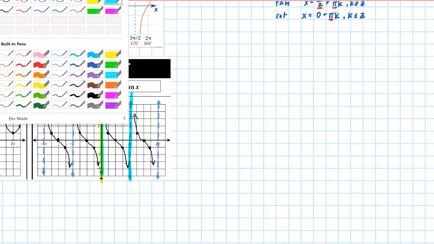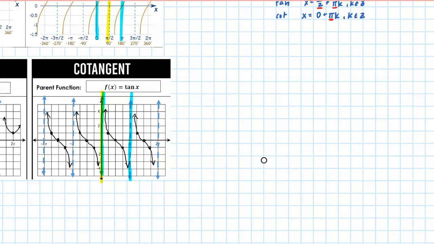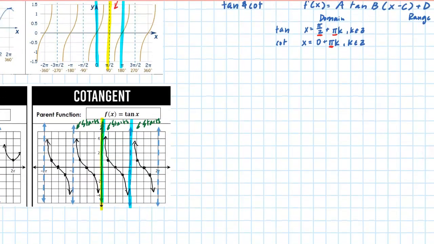So there's really one period, one asymptote in the period, because this one starts and that one starts the new period. Okay, so that's where the pi comes from.